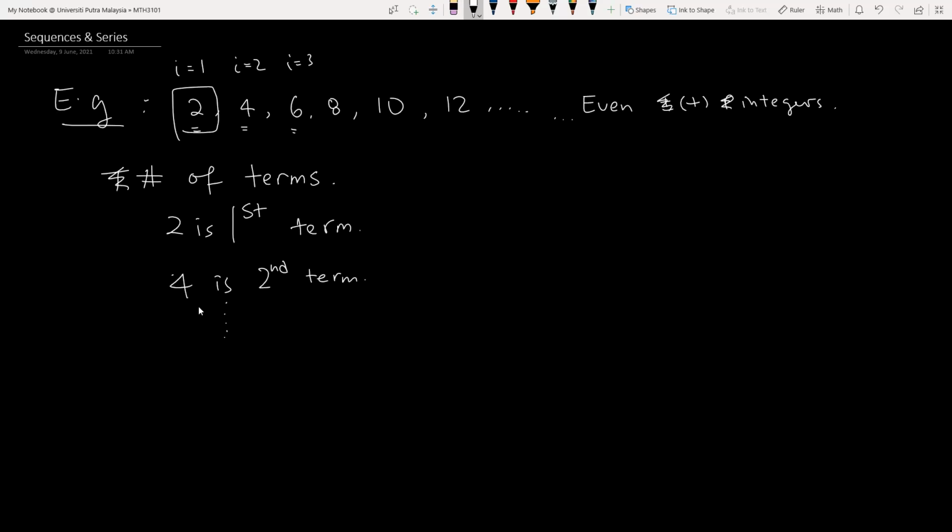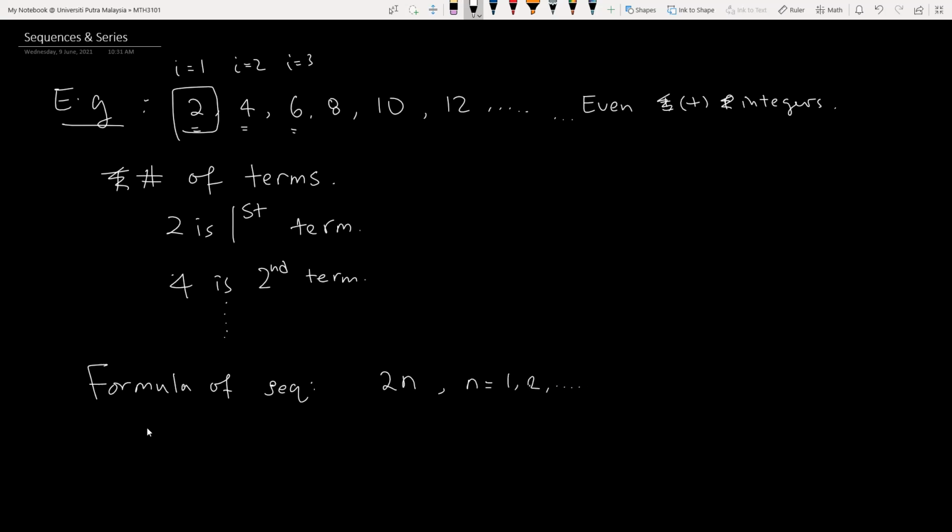So this is called, let's say, the formula. Let's look at the formula of a sequence. Kalau kat sini, this is just 2 by n, 2n, and then n starts from 1, 2, and so on.